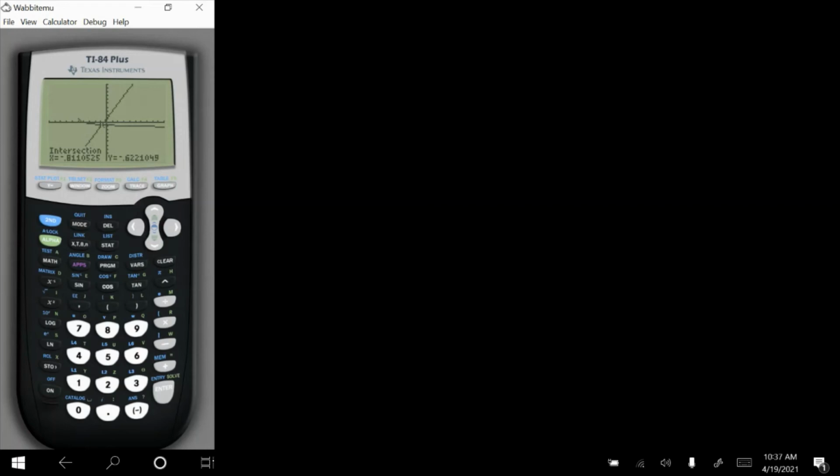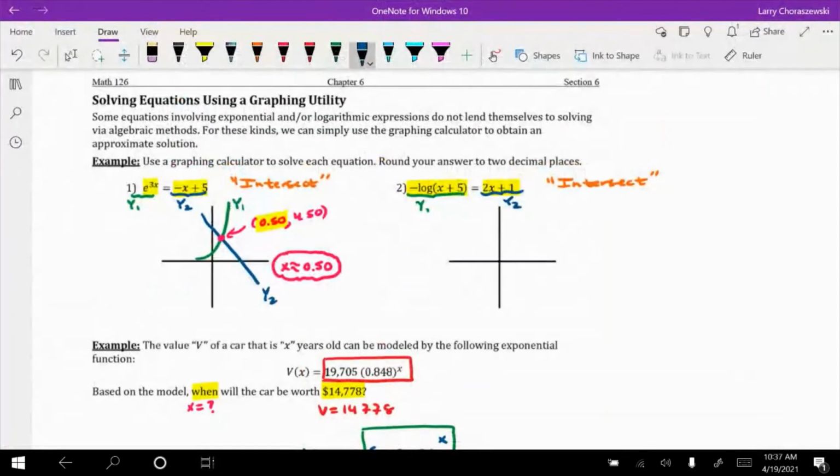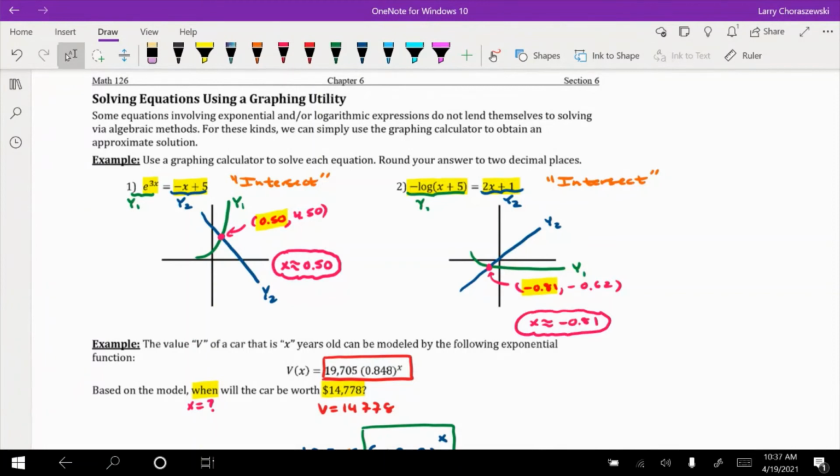And we're looking at roughly negative 0.81, comma negative 0.62. All right, so our approximate answer would be negative 0.81. So very good. Everybody else getting negative 0.81 as well?